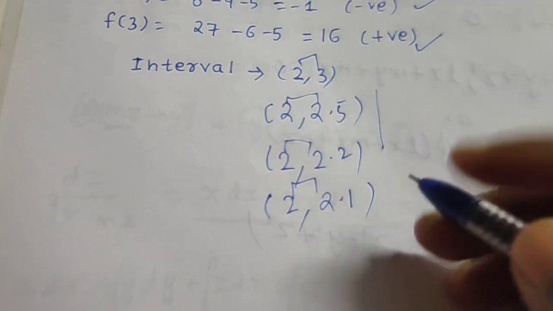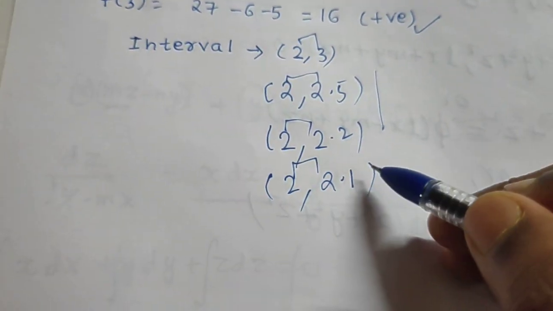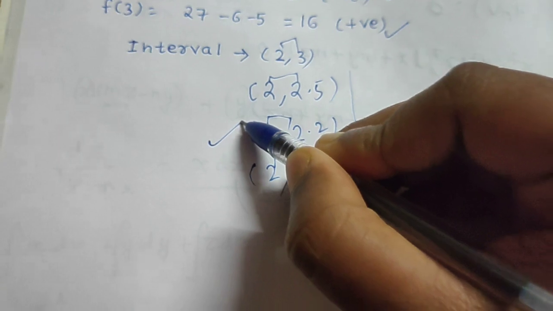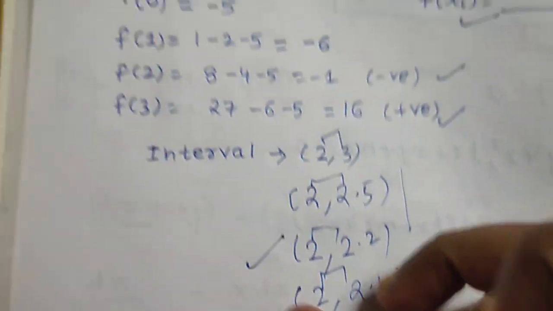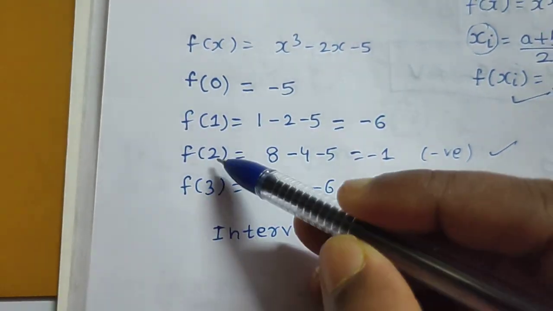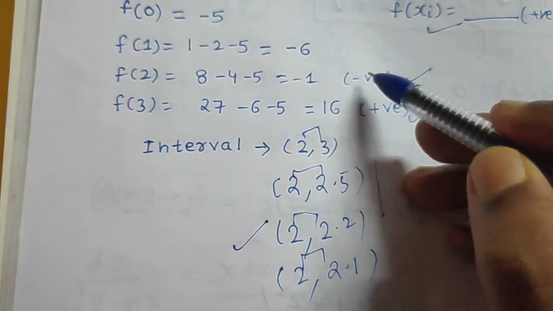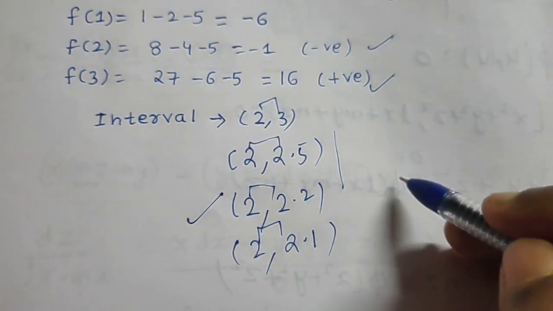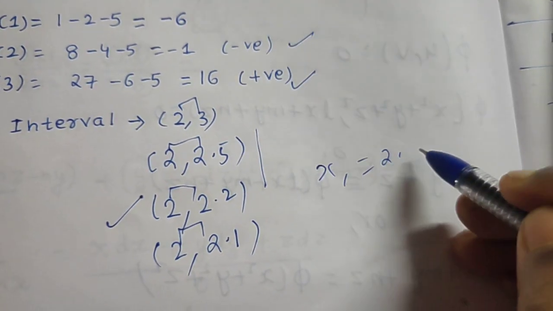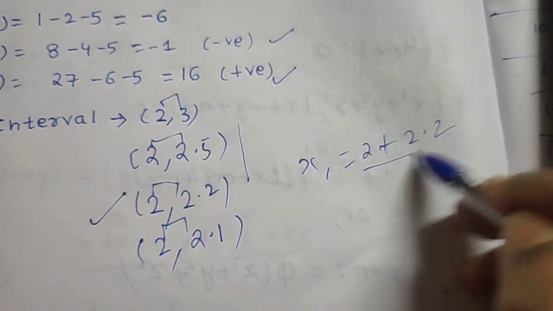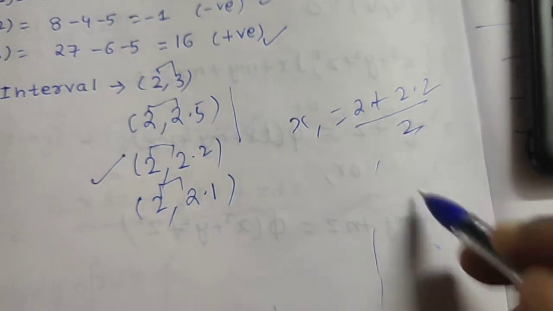In exam you can roughly see that if I go for this, the number of iterations will reduce. So directly, instead of writing for 3, after 2 check for 2.2, and obviously this will be negative, this will be positive, and you can start your first iteration like this: 2 plus 2.2 divided by 2, and so on. You can do your iteration.